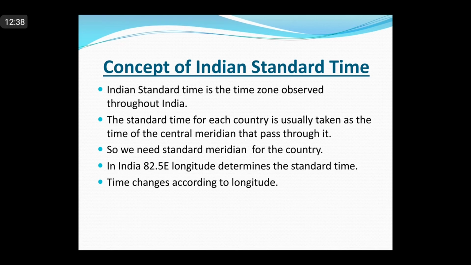Do you think that India needs to have more than one time zone, as well as standard meridian? According to some scholars, yes, India needs to have more than one standard meridian.